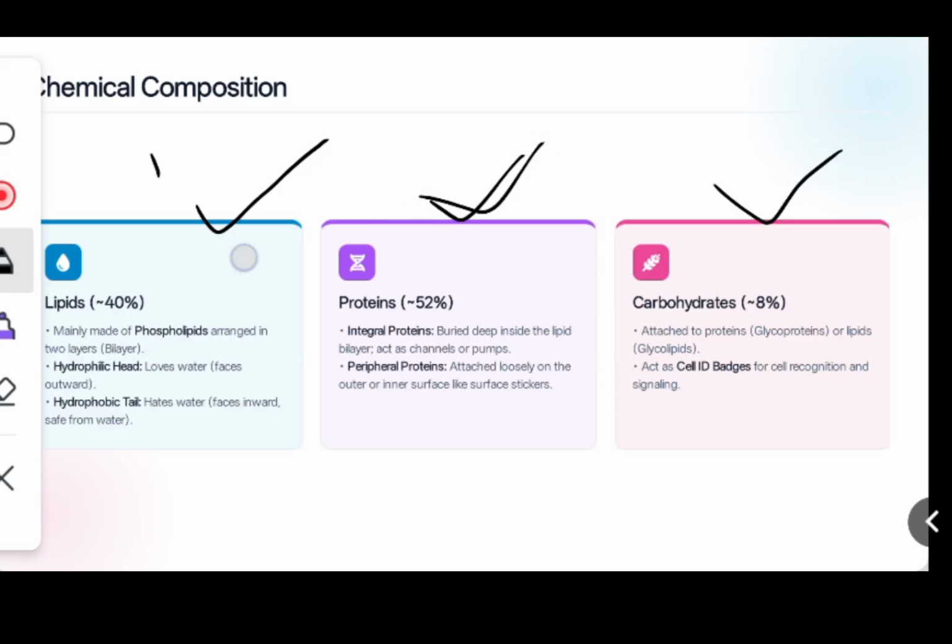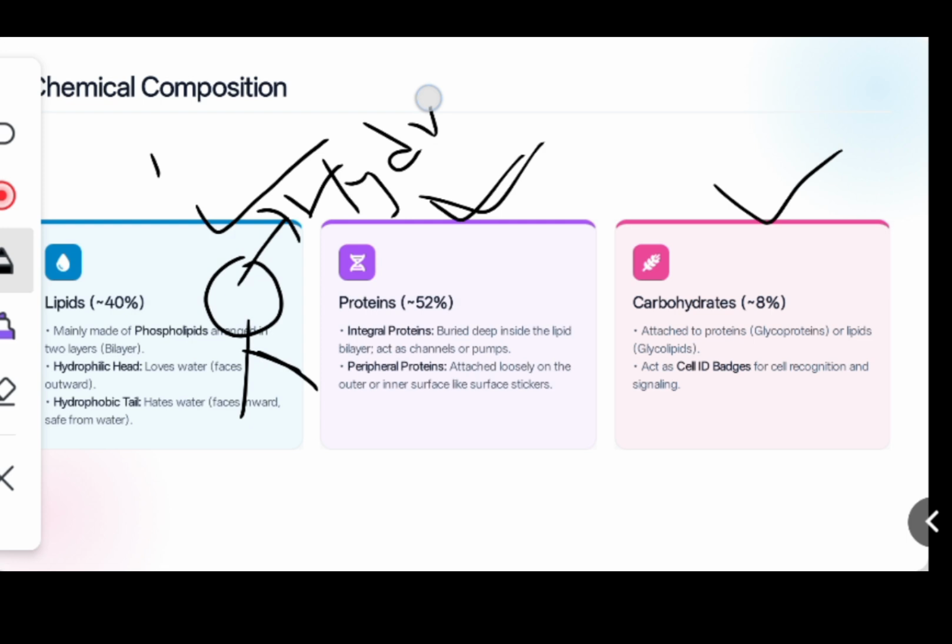So lipids are mainly made up of phospholipids. Mostly lipids are made up of phospholipids, and each contains two parts, like this, head and tail. So this is hydrophilic and this is hydrophobic.